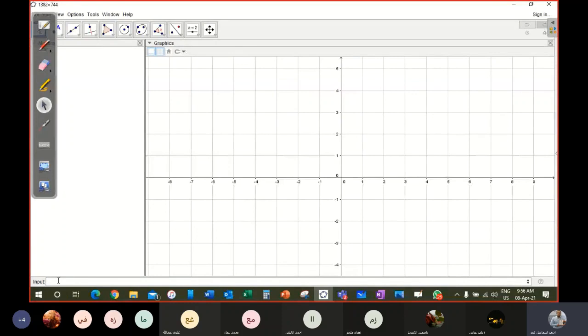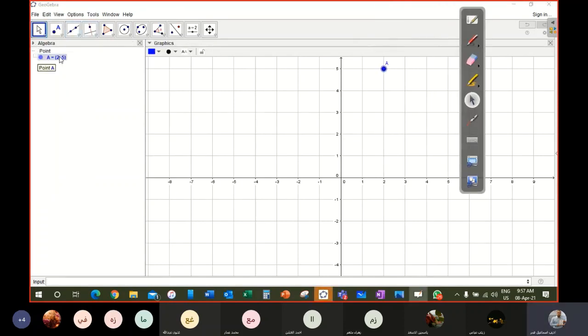Let's take an example. This point 2, 5. Point A. Point A equals 2, 5. 2 is what?